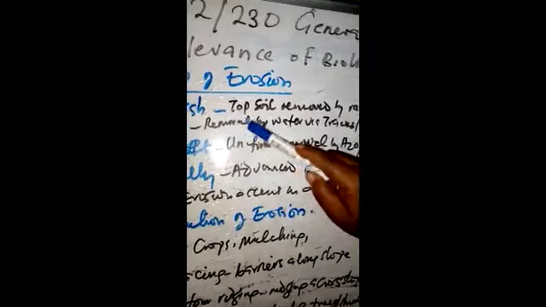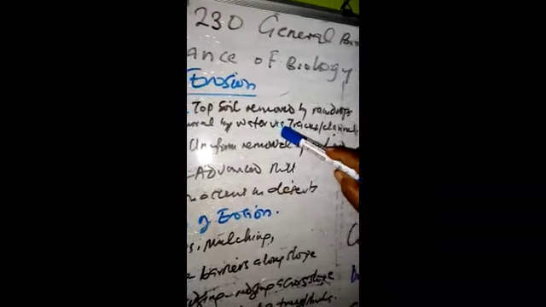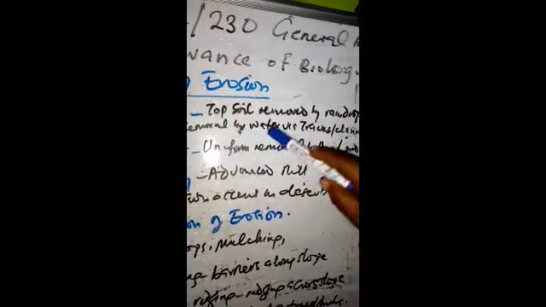Then we also have rill erosion. Removal of the topsoil by water through tracks and what? Channels. You see small tracks that water is making on the soil. When you remove the topsoil by these tracks or channels, that is what? Rill erosion. When this rill erosion gets deeper and deeper and worsens, you now call it what?